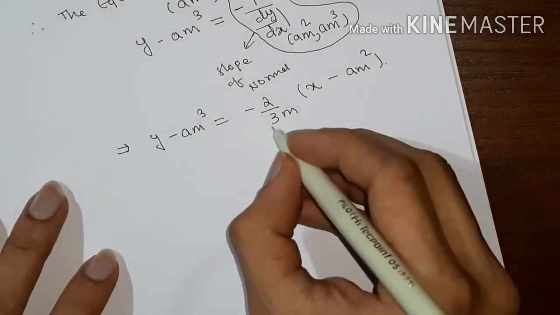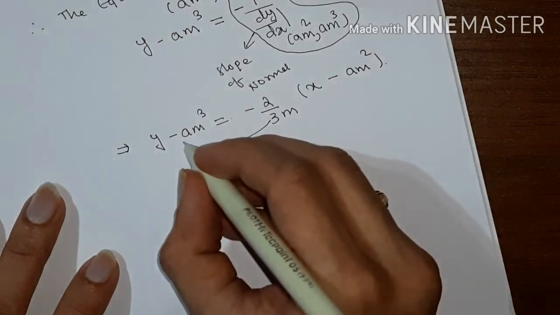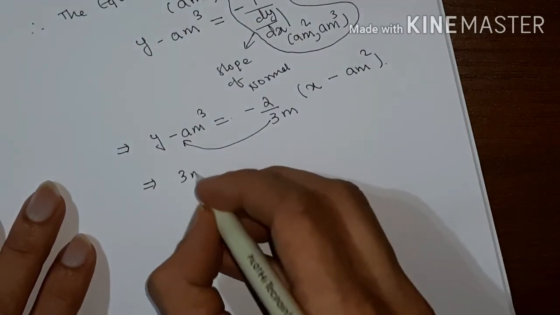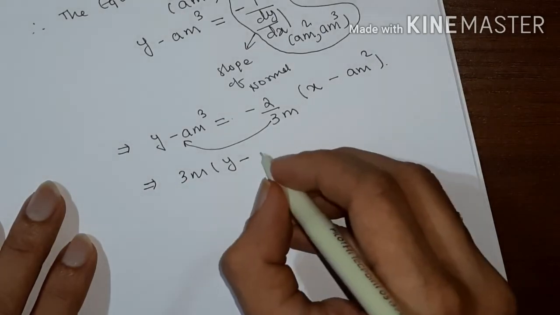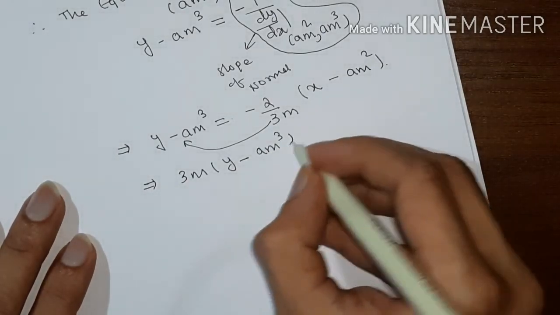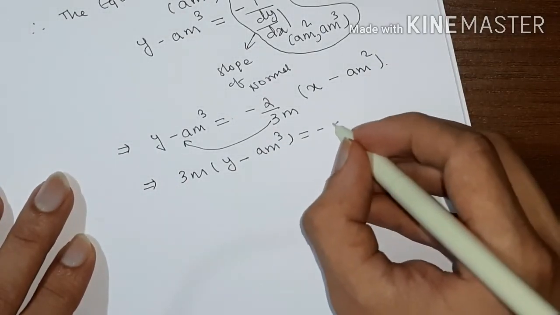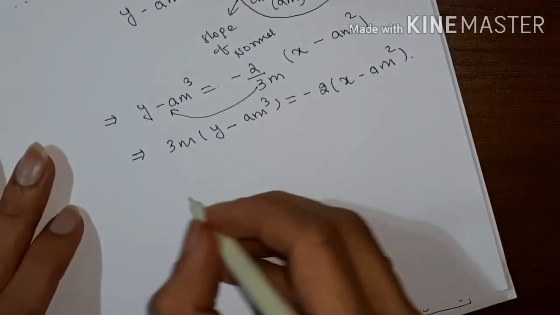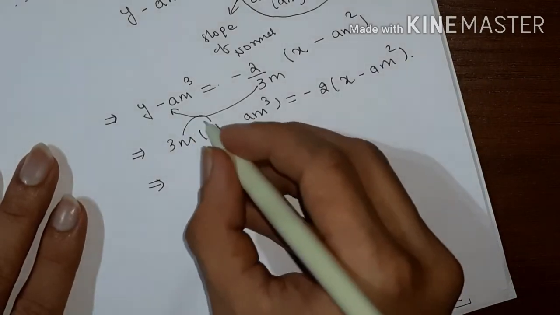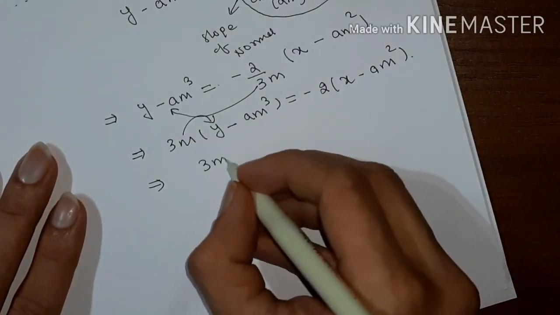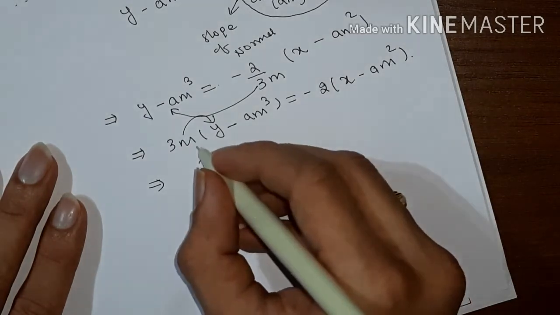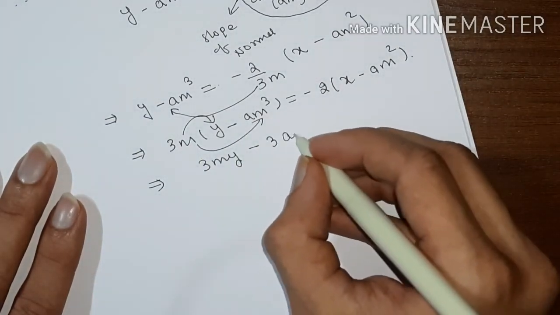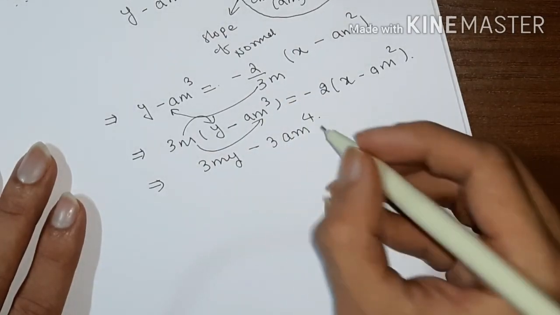Okay, so now what we can do is we can take 3m on this side, so it will get multiplied. So 3m multiplied by y minus am cube, which is equal to minus 2 times x minus am square. Okay, so that means 3m multiplied by y is 3my, minus 3m multiplied by am cube is 3a m raised to 4.